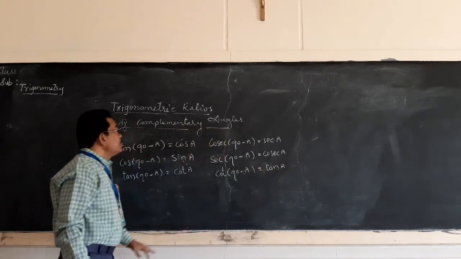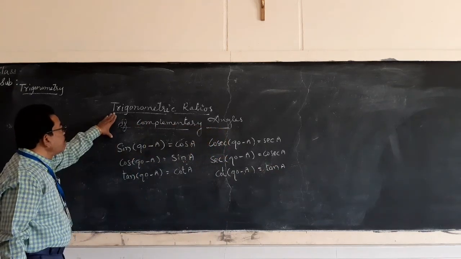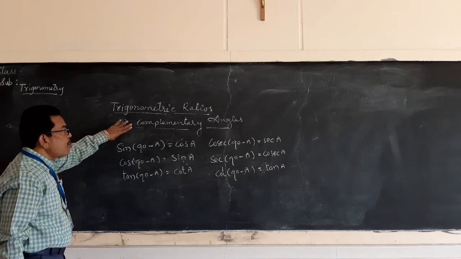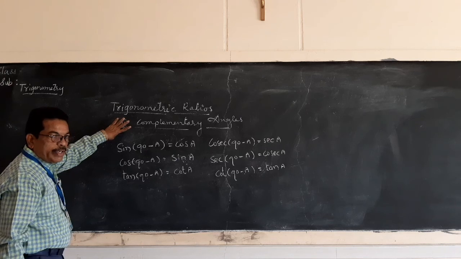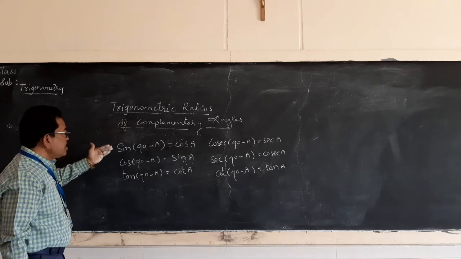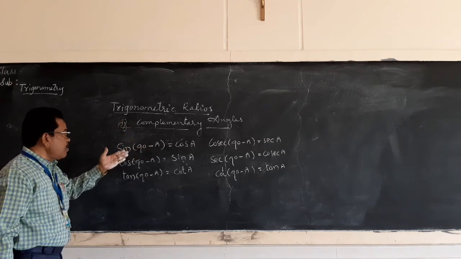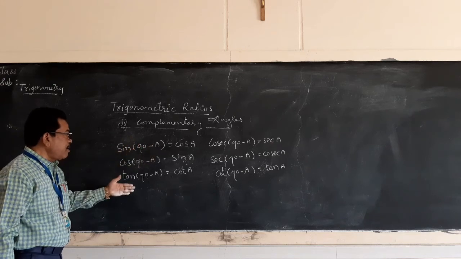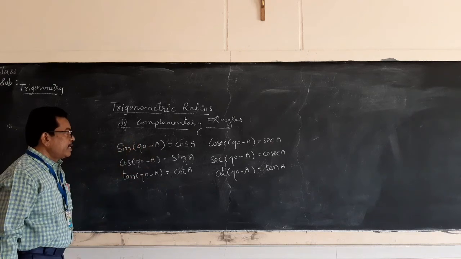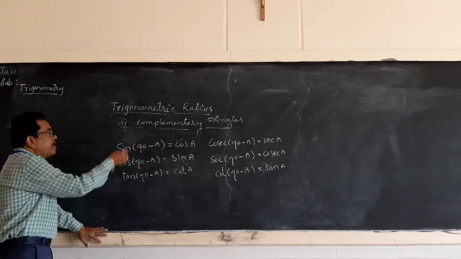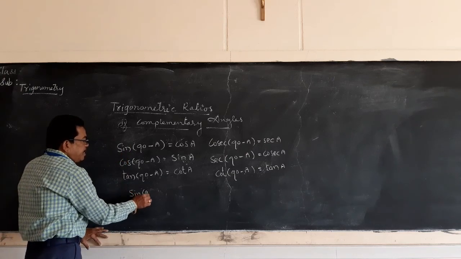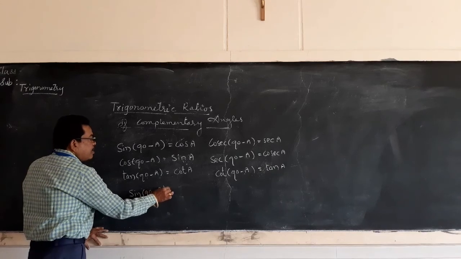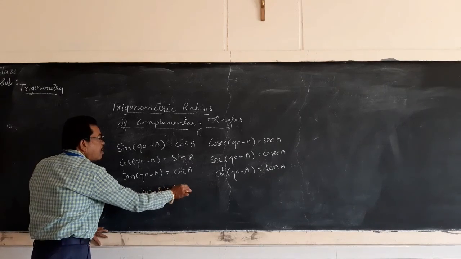Like this, we have to learn about the trigonometric ratios of complementary angles. So, sin of 90 minus A is cos A, cos of 90 minus A is sin A, tan of 90 minus A is cot A. Like this. Instead of angle A, you can also use theta. Sin of 90 minus theta equals cos theta.